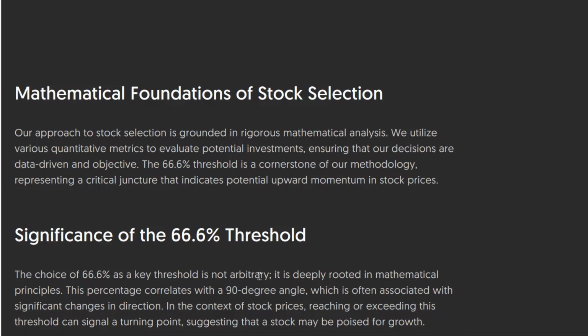This percentage correlates with a 90-degree angle, which is often associated with significant changes in direction. In the context of stock prices, reaching or exceeding this threshold can signal a turning point. Nothing but we are identifying the breakout stocks.